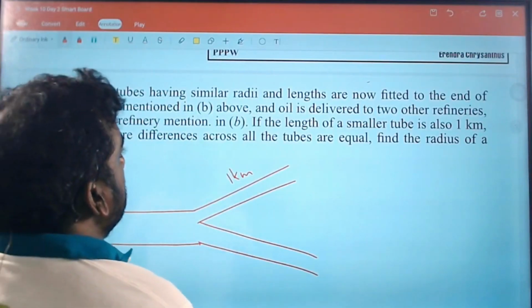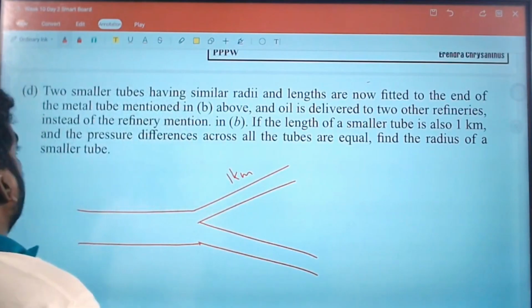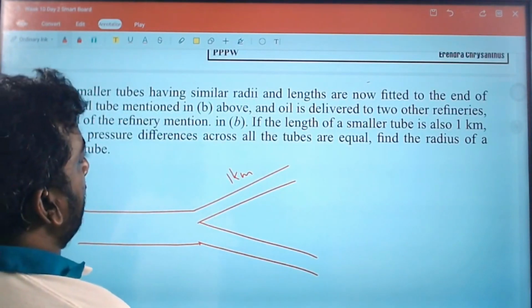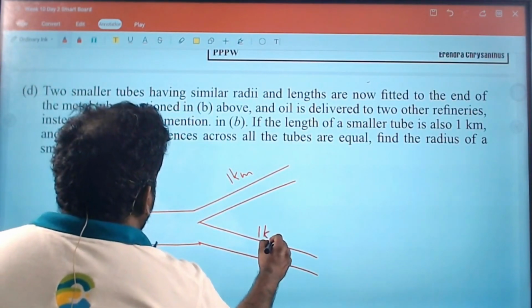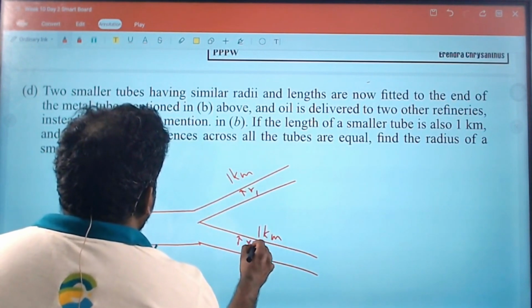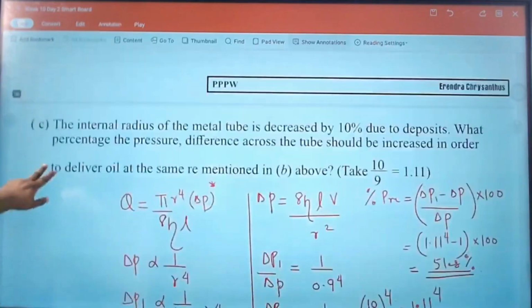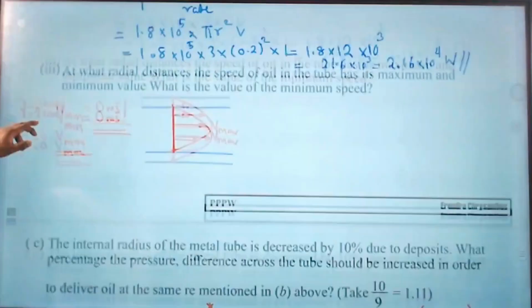Pressure differences are all equal. Find the radius of the smaller tube. Similar radius. Here radius 0.2.